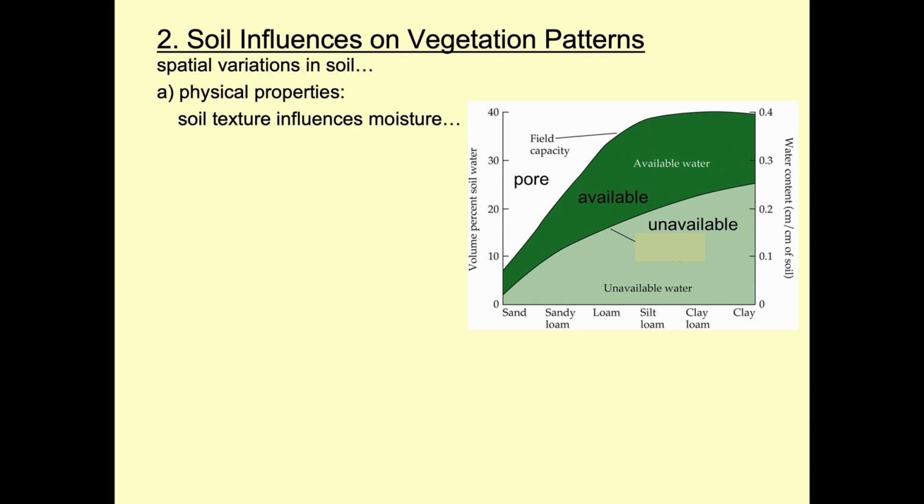Now, actually, they have some type of mixture, and the most productive soils on the planet, if you remember, have a combination of 20% sand, 20% clay, and 40% of this loamy intermediate soil texture.